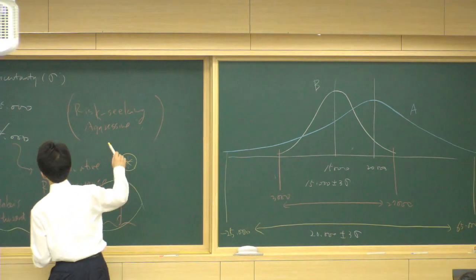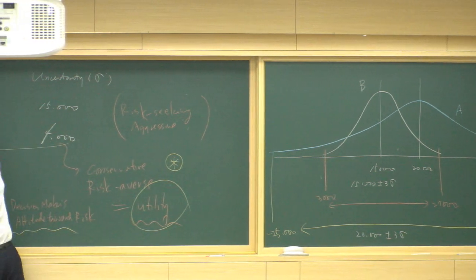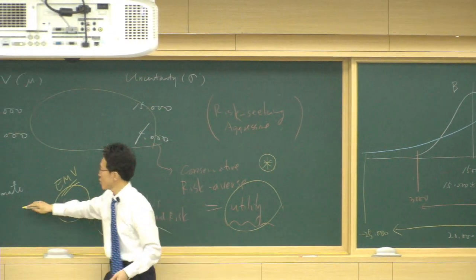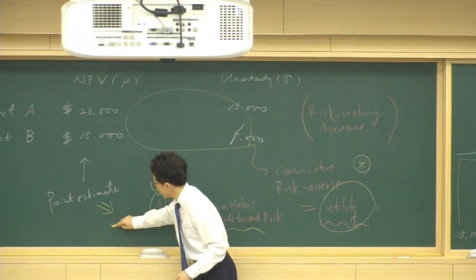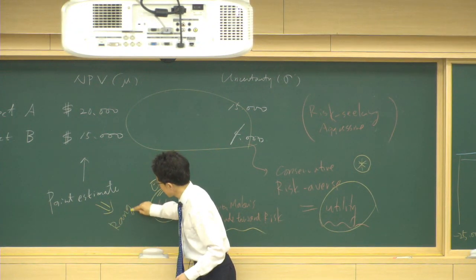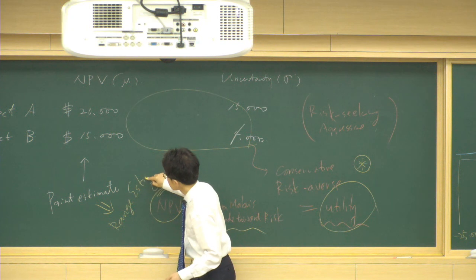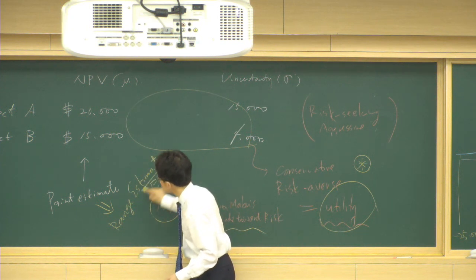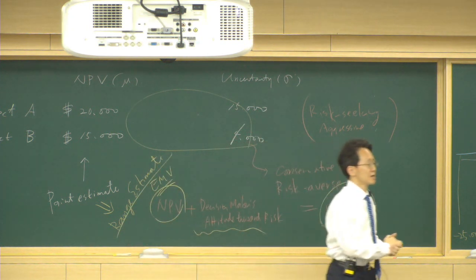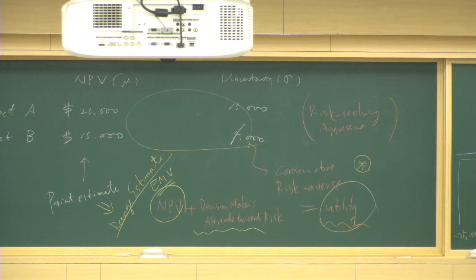Okay, so adding all this, we are not just point estimating, we have now range estimate, and that's what the simulation is giving to us, and that's the meaning of the simulation. Okay, very good.